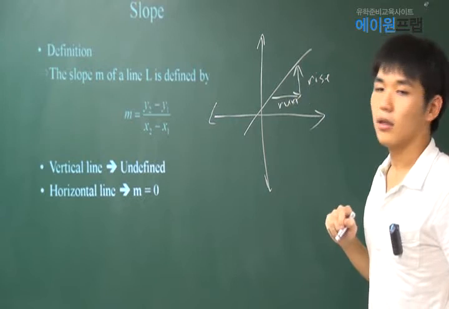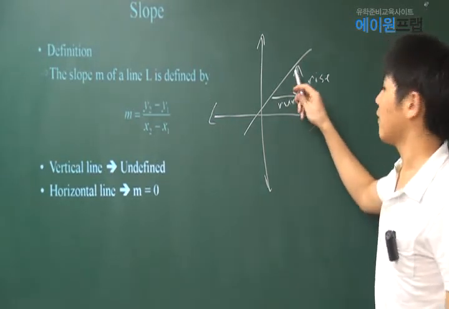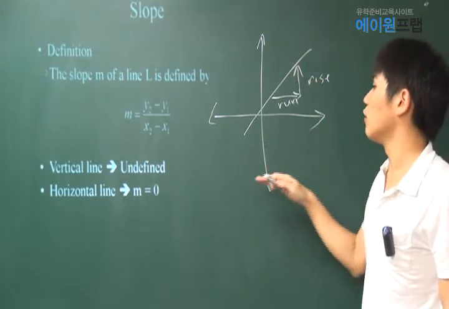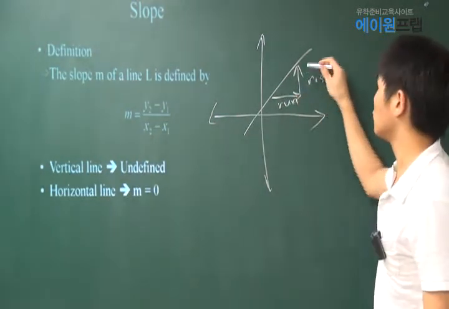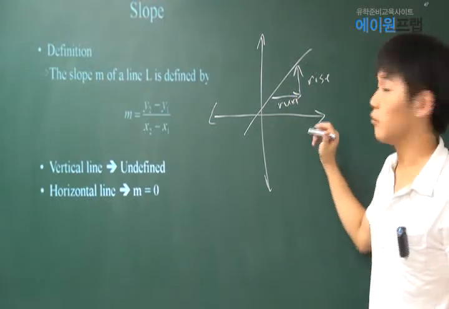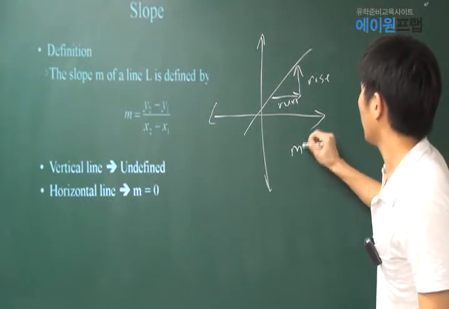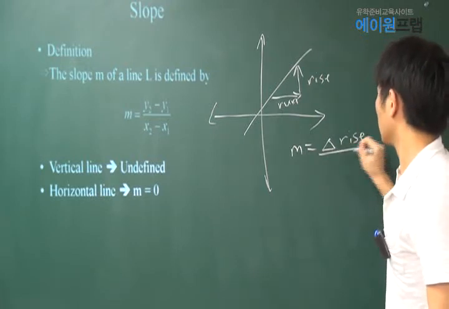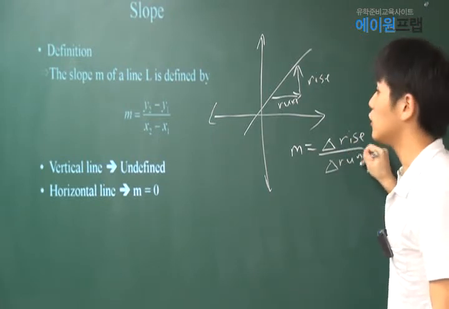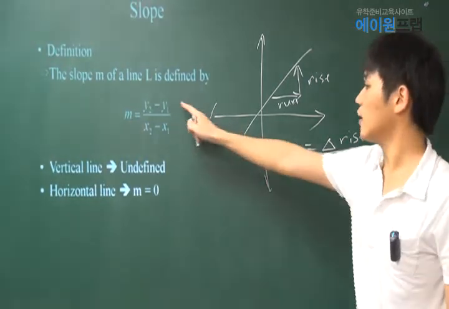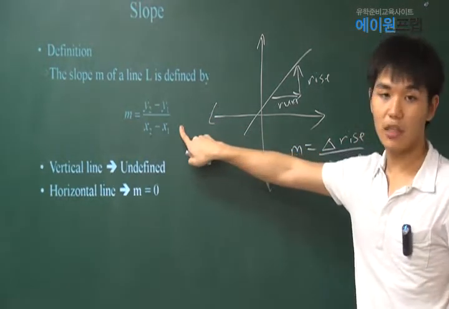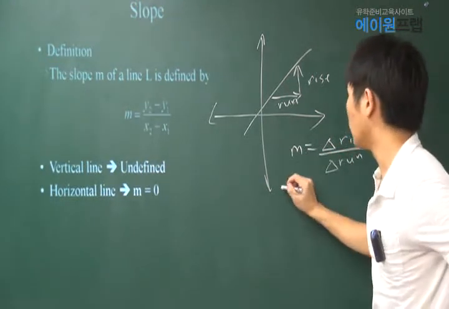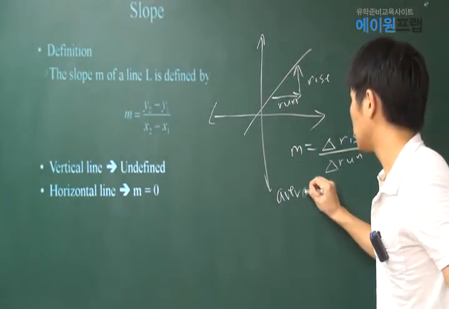It simply means that we're looking at how slanted the graph is, in terms of the rate of change that it goes through. So in this case, we can also write slope m as change in rise over change in run, which is the exact same thing as change in y over change in x. Also, an important thing about slope is that it is also known as the average rate of change.